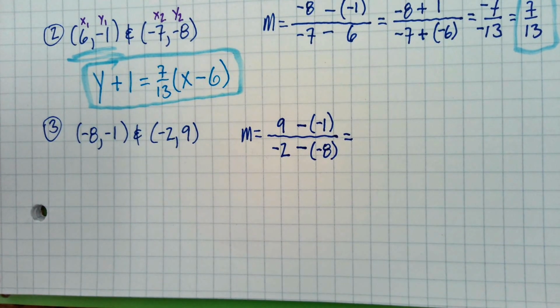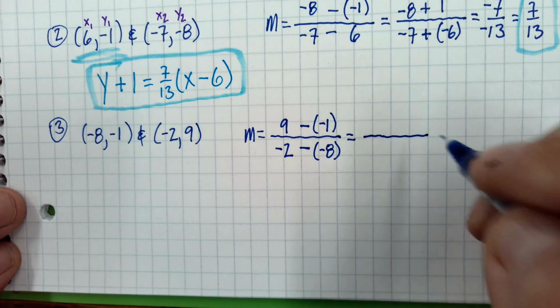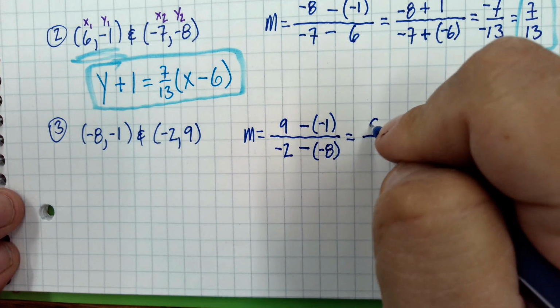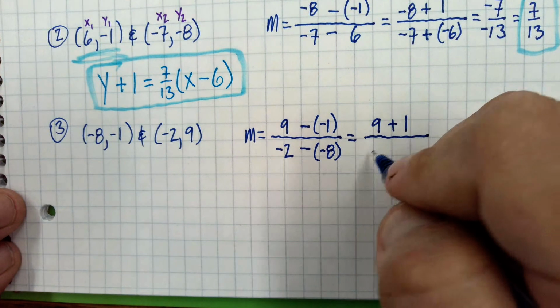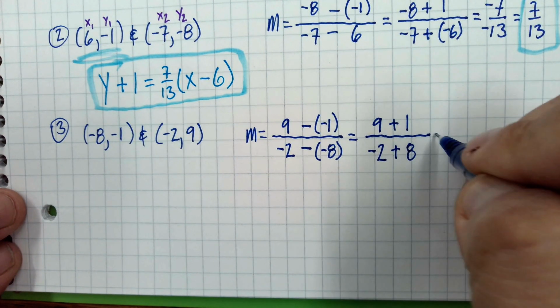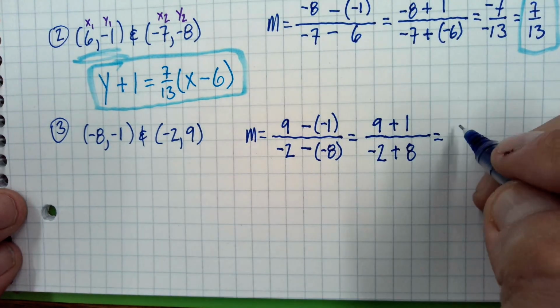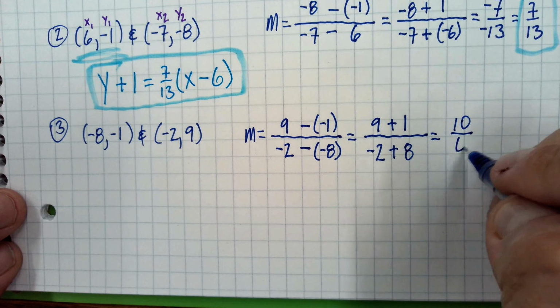Again, very confusing with subtraction and negatives. I'm just going to rewrite this as addition. Keep change opposite. So that becomes 9 plus 1, over -2 plus 8. So that would be 10. And -2 plus 8 is 6.